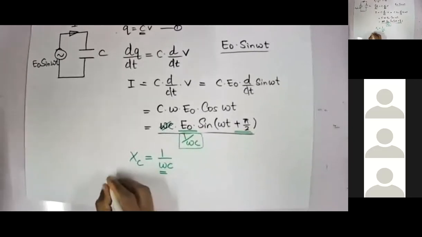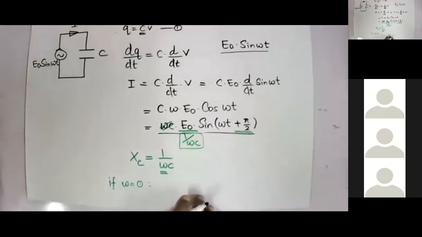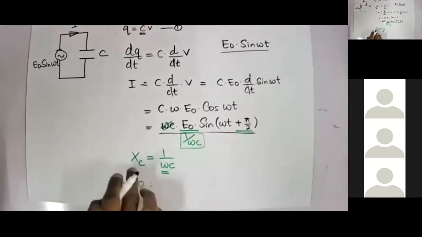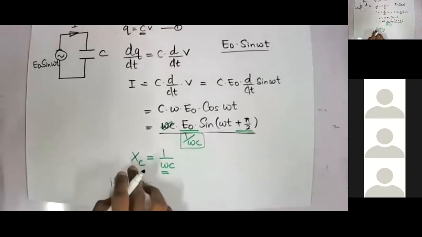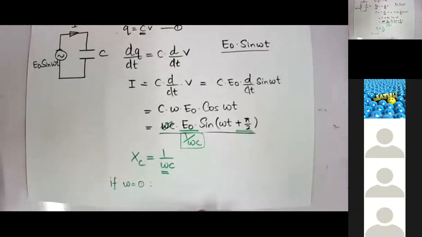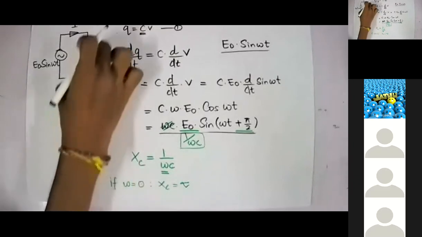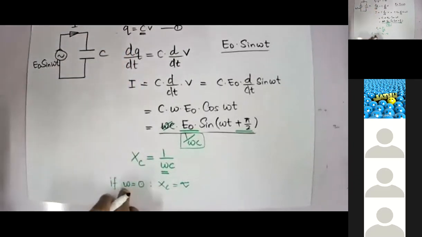If omega equals 0, what will happen? If omega equals 0, what will be your Xc? Infinity. Yes, that is infinity. So Xc equals infinity at steady state. What is the meaning of omega equals 0?